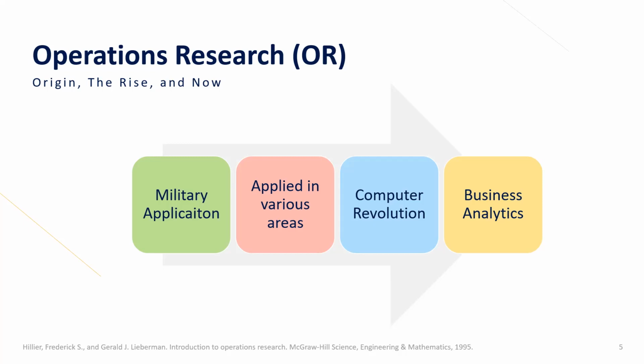For example, after the military applications boomed, we had the industrial revolution, most likely in manufacturing, and then manufacturing started to apply it, followed by transportation, construction, telecommunication, financial planning, healthcare, and many other areas.